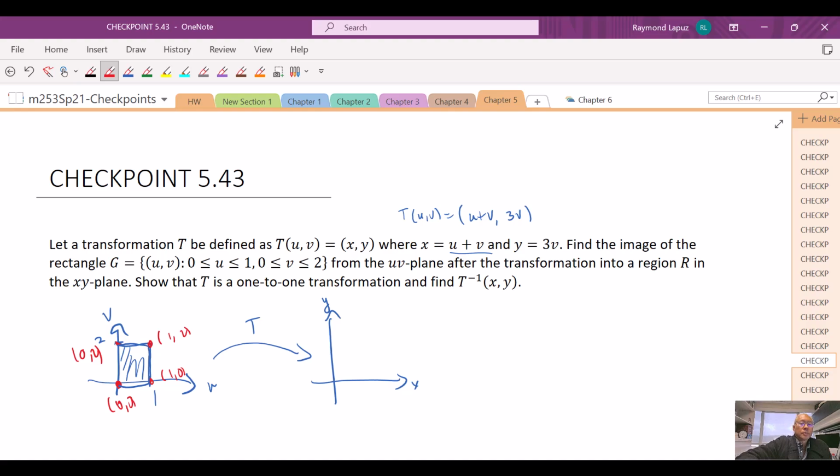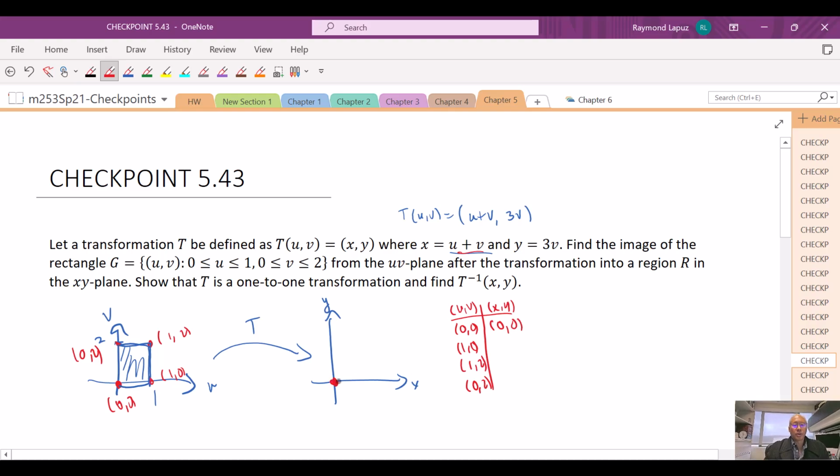All right, so this is our transformation table, so to speak, from uv onto xy. We'll put these four points into the transformation and see what happens. Putting 0 in for u and v gives us 0 for x and 0 for y.